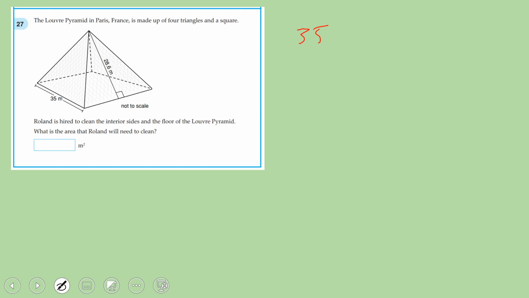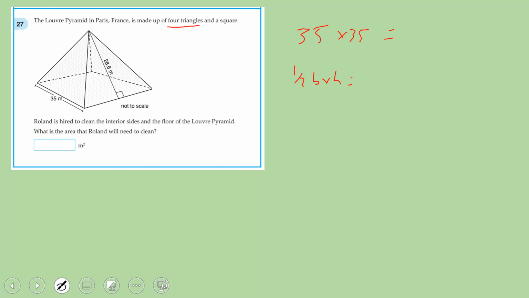I'll write the answer as a comment for you. 35 times 35 will be the floor, because it says it's a square. So that will get you your square answer. And then half base times height will get you your answer for your triangles. Now remember, there's 4 triangles, so we've got to end up multiplying that by 4.